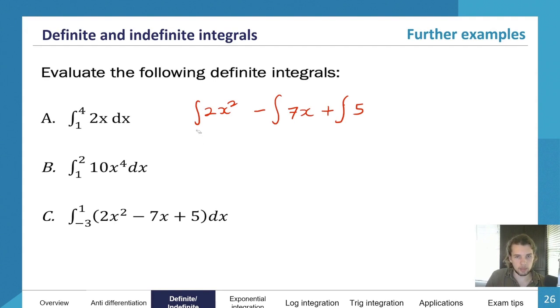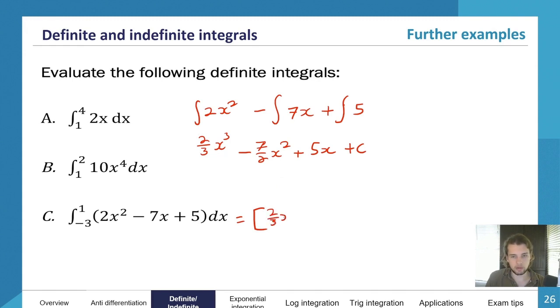So then the answer to this would be, and now if we were to apply it into these square brackets here, we would get rid of the c because that value is going to be cancelled out, so we don't generally write it into the brackets.